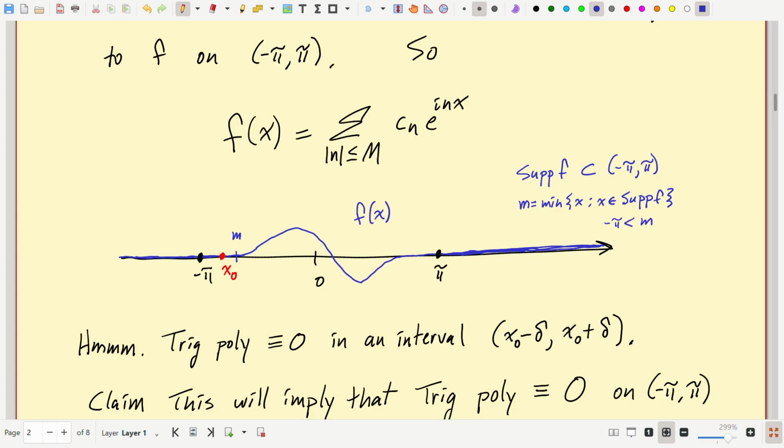Yeah, because you can think about x as a continuous function on that set, and so its minimum would be attained, and it's not minus pi, because the function is 0 at minus pi.